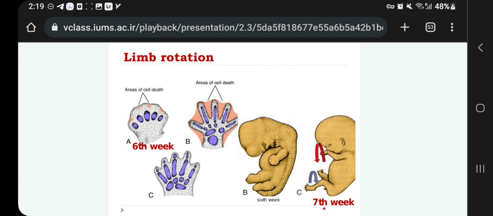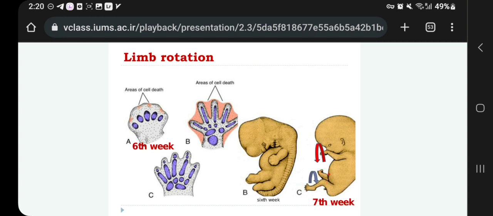In the seventh week, we have a rotation in the upper limb and lower limb. You know, the development of both limbs is similar, but the morphogenesis of the lower limb is about 1 or 2 days behind the upper limb.